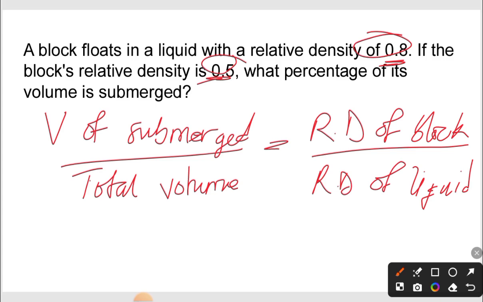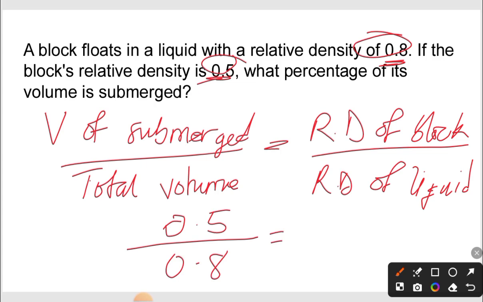Now, the block has a relative density of 0.5 over the relative density of the liquid is what? 0.8. So you realize that with relative density, you are always dealing with the ratio of the substance to the liquid. Over here is in water.